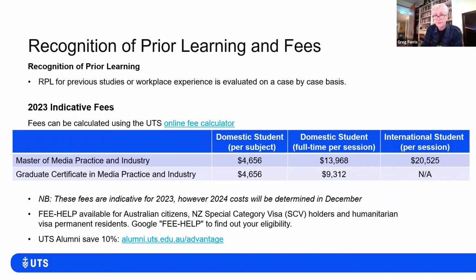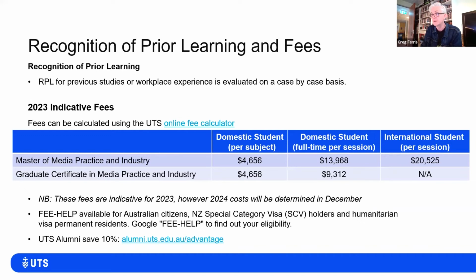So here's the bad news, here are the fees, based on a per subject basis, per subject, per session, and per year if you're an international student. There is a 10% discount for UTS alumni, and there is a link down there at the bottom.